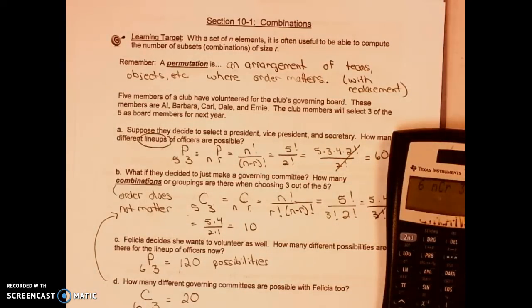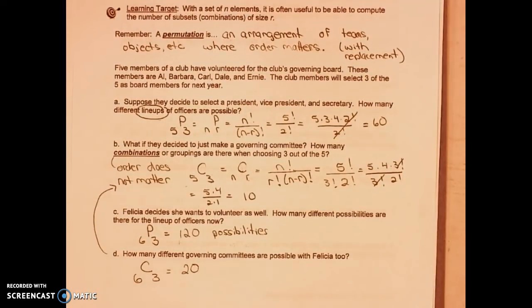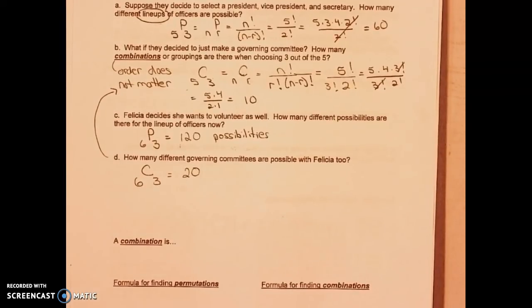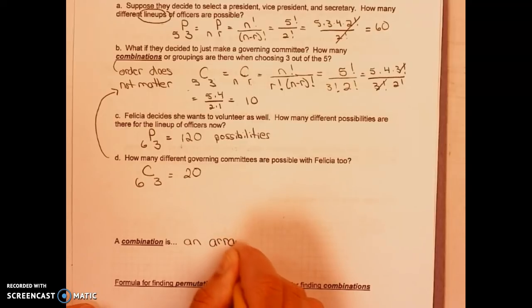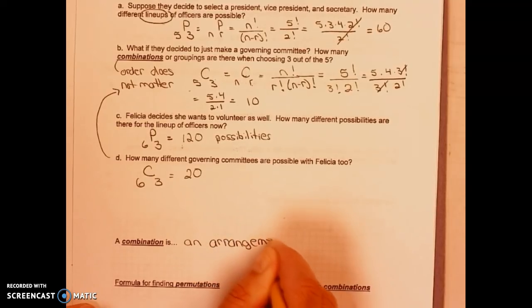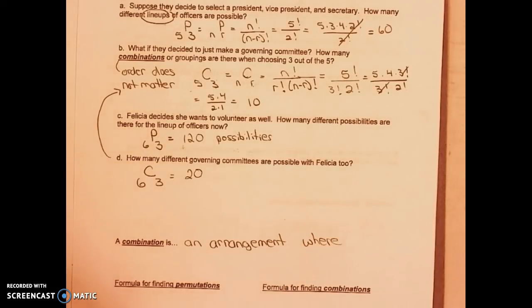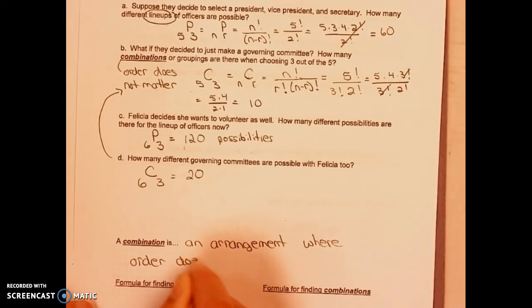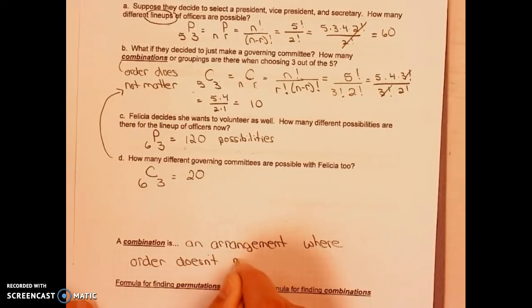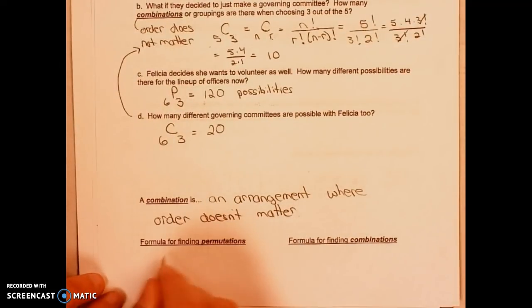So really we talked about these next few things. We said a combination is still an arrangement. However, in this case, it is when the order doesn't matter. I also included the formulas up there, but again, let's write them down formally here.